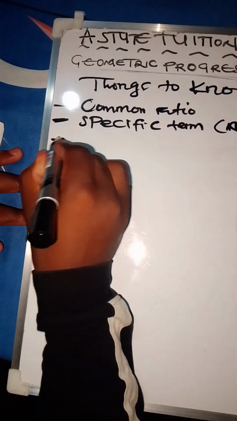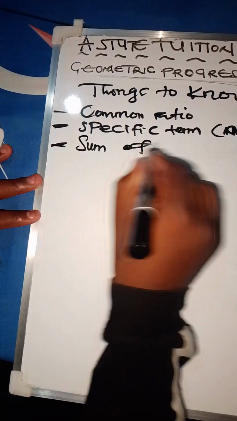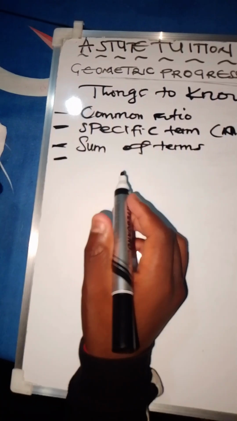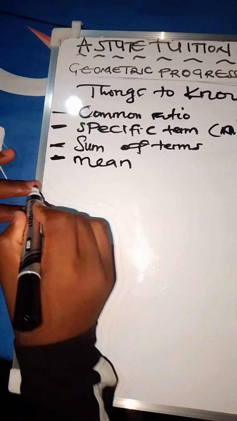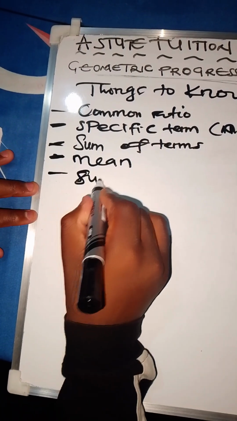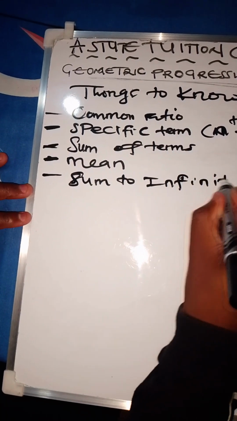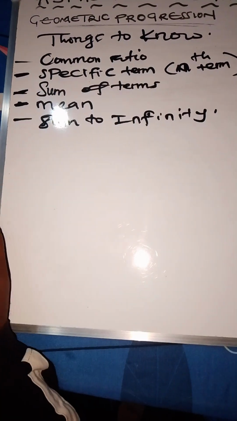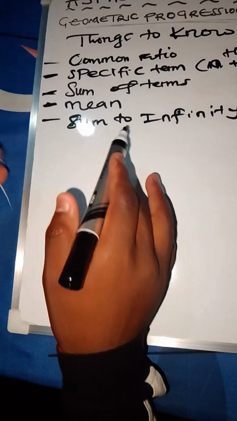You also need to know how to find the sum of terms. You also need to know how to find the mean, and also the sum to infinity. So these are some of the things that you need to know when you are dealing with geometric progression. We're going to start looking at these things one by one.